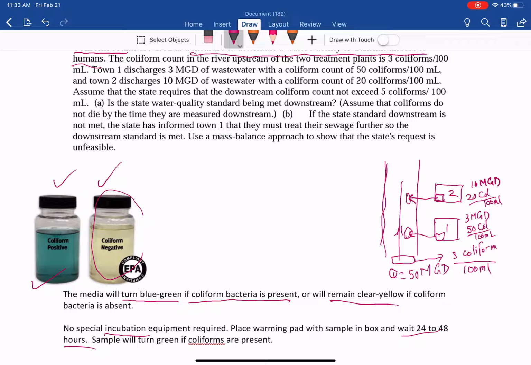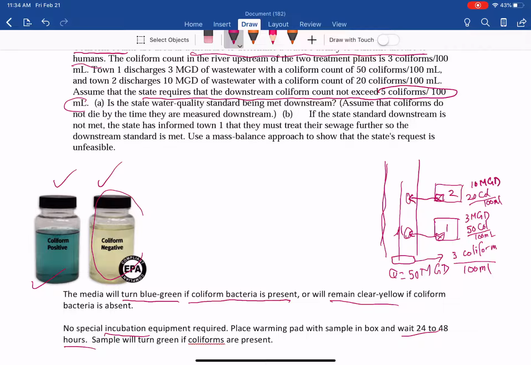Assume that the state regulates the count of coliform in river water. The state requires that the downstream coliform count not exceed 5 coliform per 100 ml. This is the regulation. If there is a violation of the 5 coliform per 100 ml, they will regulate or try to fine the treatment plant of Town 1 or Town 2 or both towns.